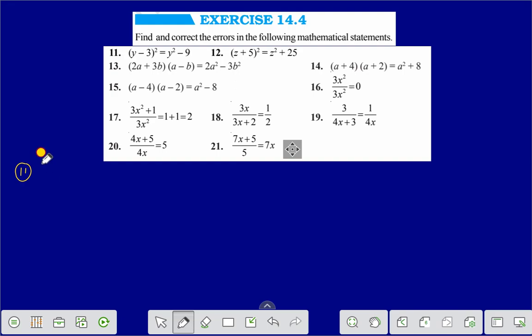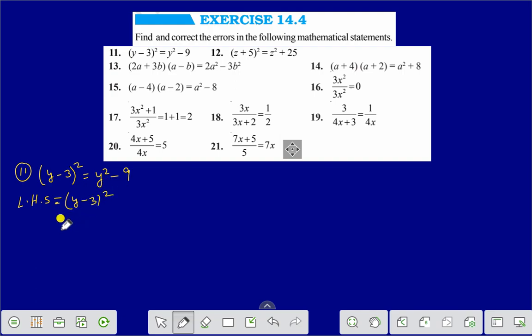That is (y minus 3) whole square is equal to y square minus 9. Let us find the value of the left hand side. The left hand side is (y minus 3) whole square.